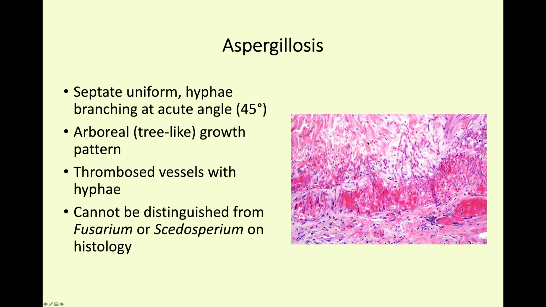And Aspergillus typically branches at 45 degrees at an acute angle, and it has an arboreal or tree-like growth pattern. But to be honest, one cannot be absolutely sure that one's looking at Aspergillus rather than Fusarium or Scedosporium, so we do need cultures.